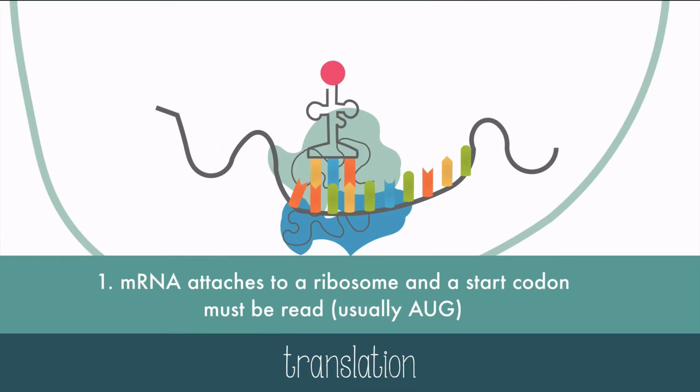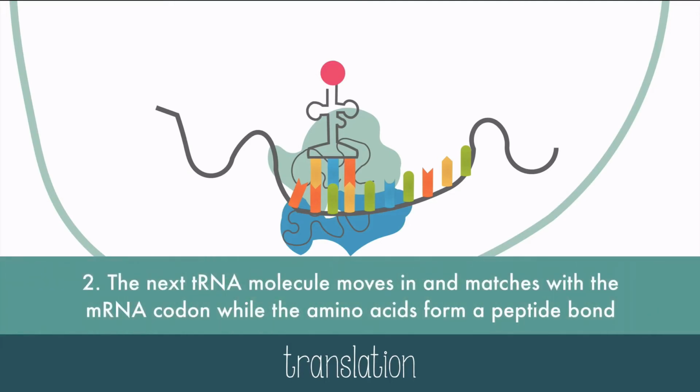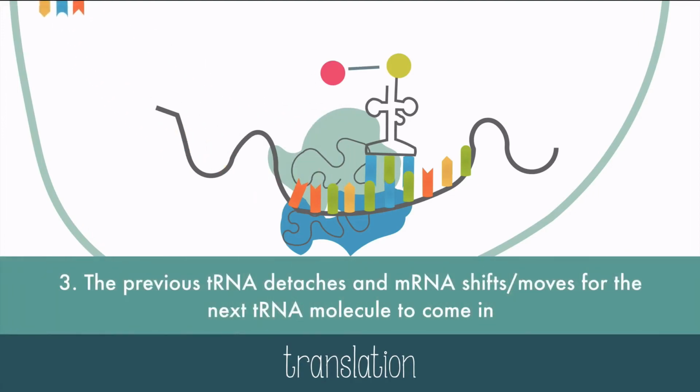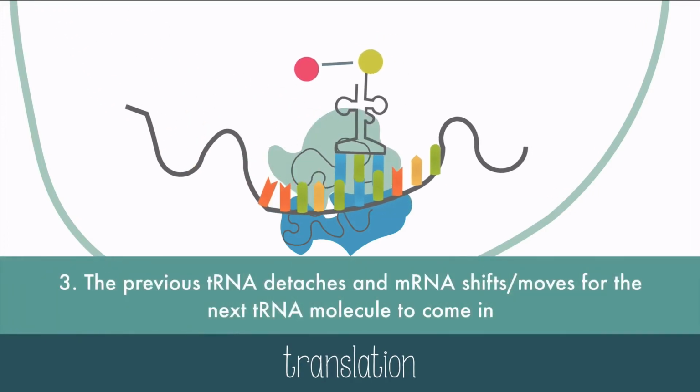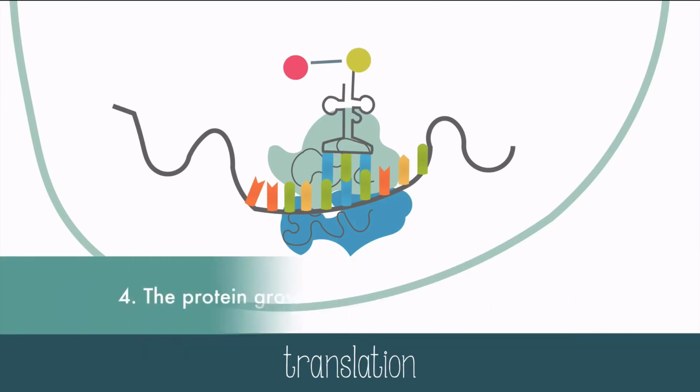So firstly, mRNA attaches to the ribosome, the start codon must be read, and then second, the next tRNA molecule moves in and matches with the mRNA codon, so the anticodon and codon are complementary, while the amino acids form a peptide bond. So the previous tRNA detaches and the mRNA shifts and moves the next tRNA molecule to come in.